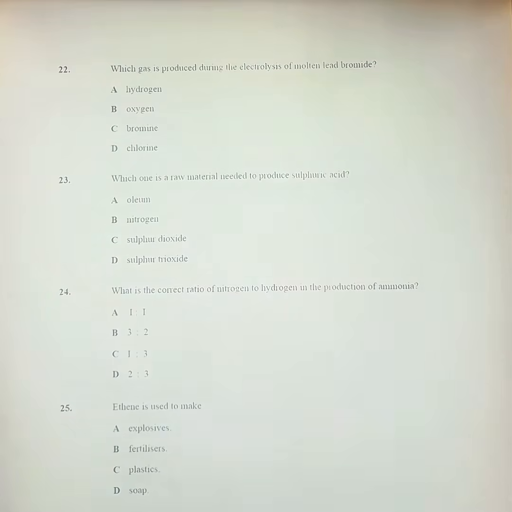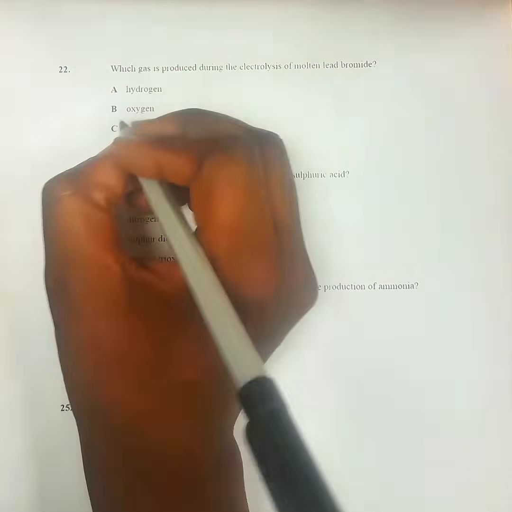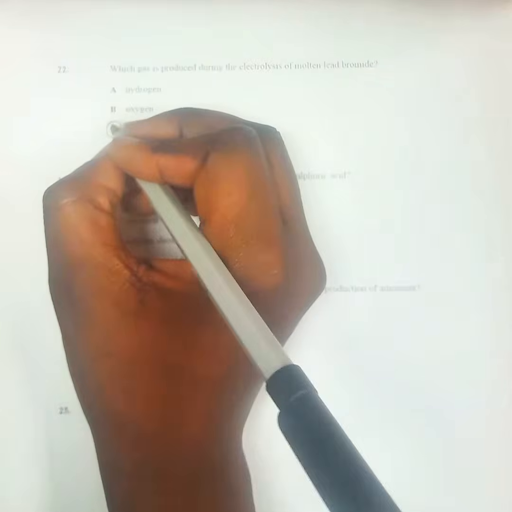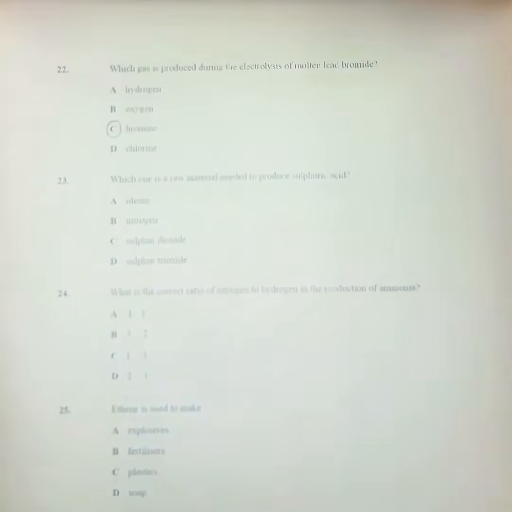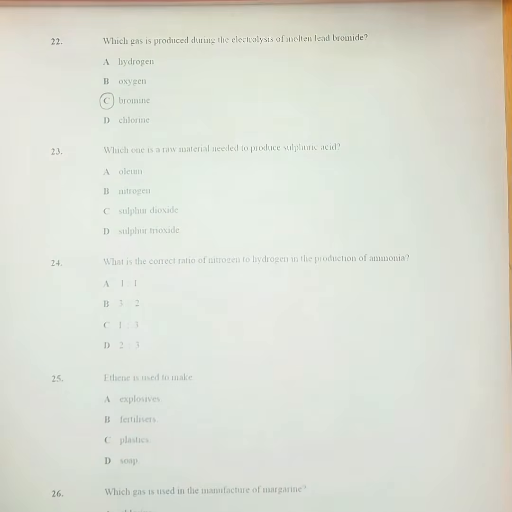And then number 22, which gas is produced during the electrolysis of molten lead bromide? We are going to select C as our answer, which is bromine. So what happens? Lead bromide is an ionic compound in solid form, which is a white powder. It contains positively charged ions of lead and negatively charged bromide ions.